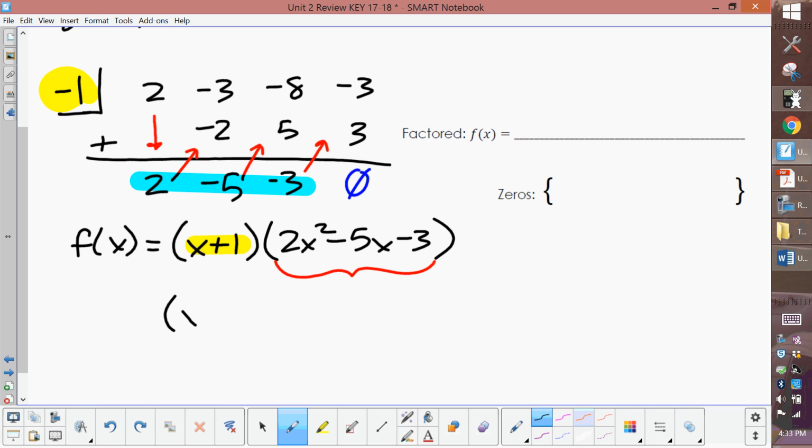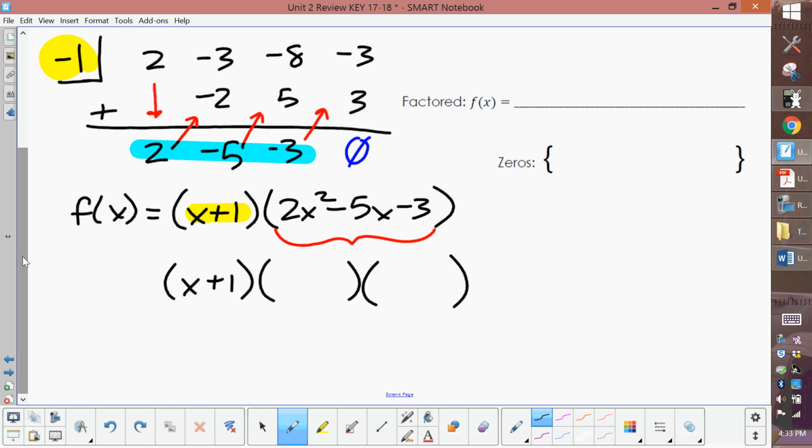So again, I've got x plus 1, and then I'll break it up into 2 binomials here. The only leading terms that will produce 2x squared are 2x and x, and these can be flip-flopped. I notice my signs.